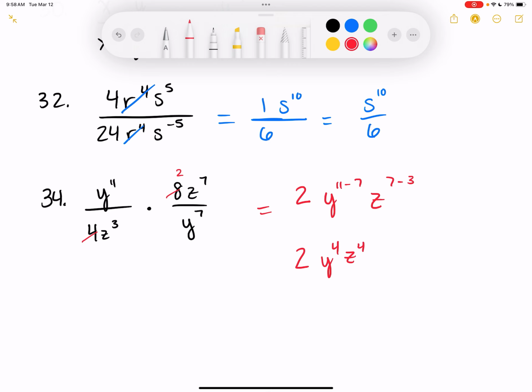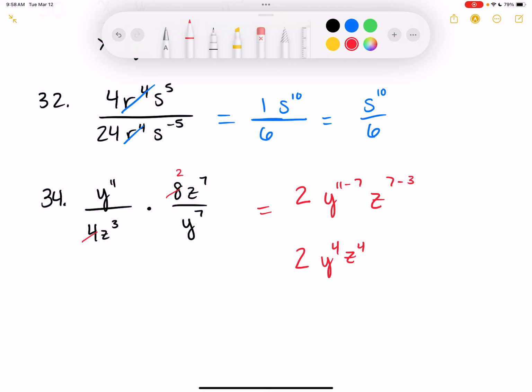Now, is it wrong if you don't do that? No. But that is the technically correct way to write them. And when you get to AP and stuff like that, not that these are going to be questions this easy, but when you get there, they're going to write stuff in alphabetical order. So it's better just to get in the habit of doing it now.